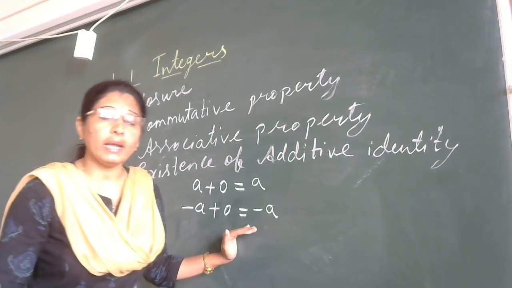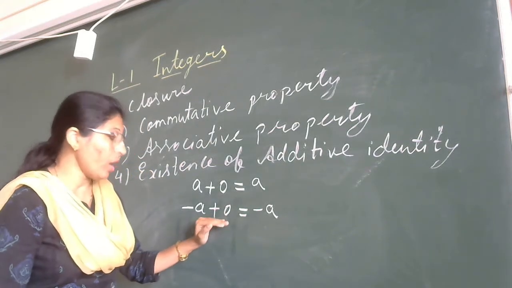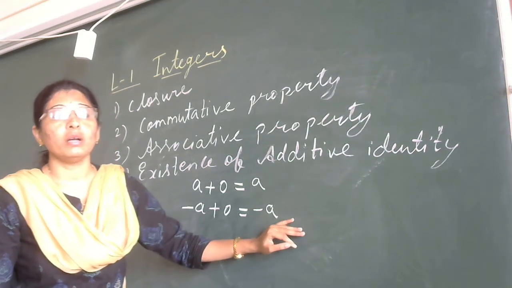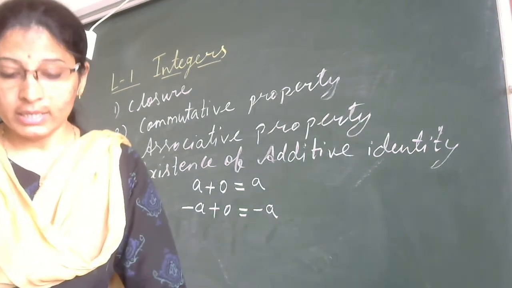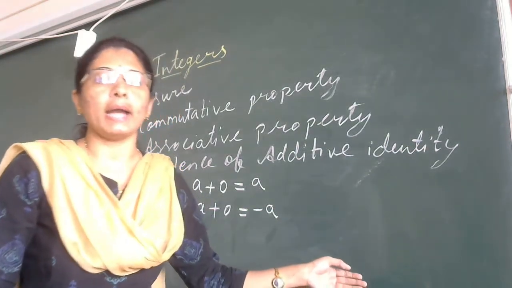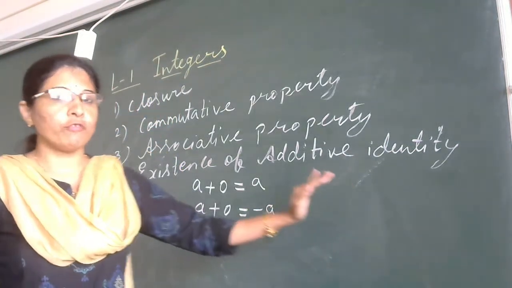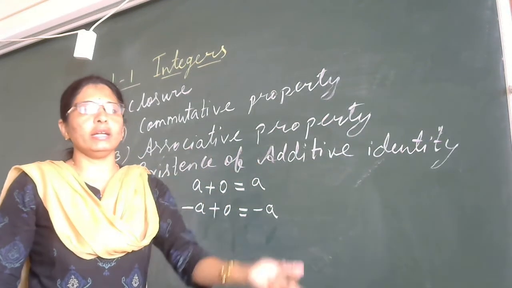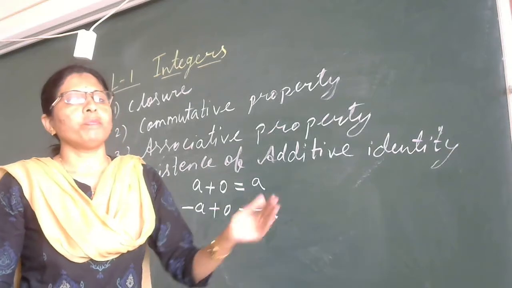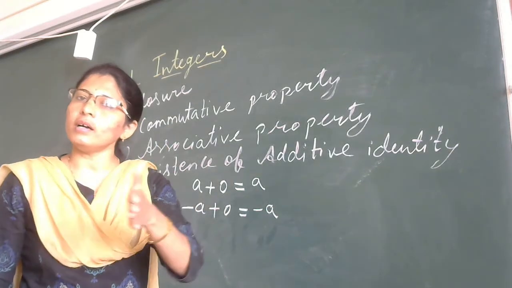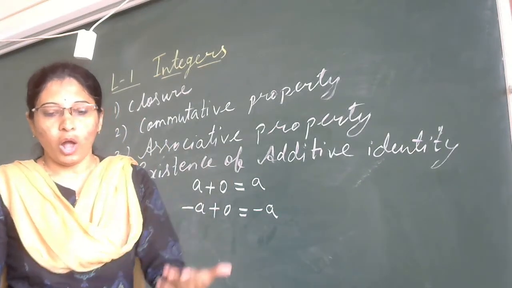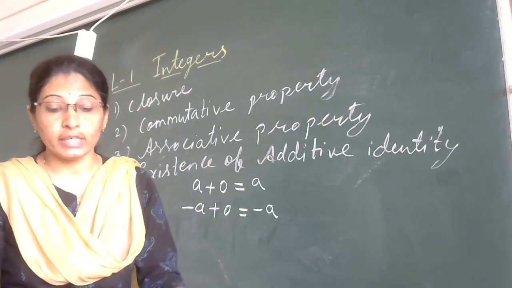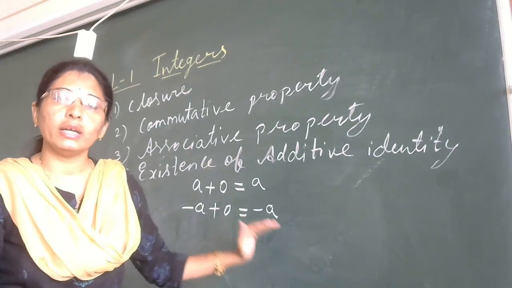If you add any integer with 0, we get the same number as the result. That means 0 is the additive identity for integers. In simple words, any integer added with 0 gives the same integer.